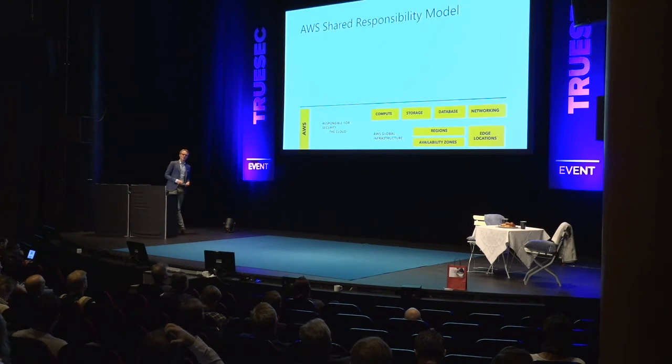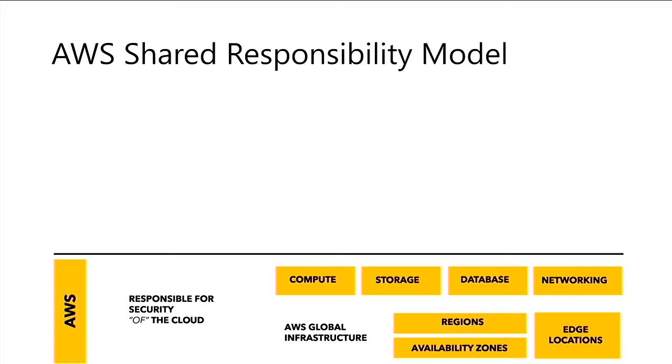In Amazon Web Services, there is a concept called the shared responsibility model. And that's just to clarify things about security, that if you run stuff in the Amazon cloud, that doesn't necessarily mean that the security is totally up to them.